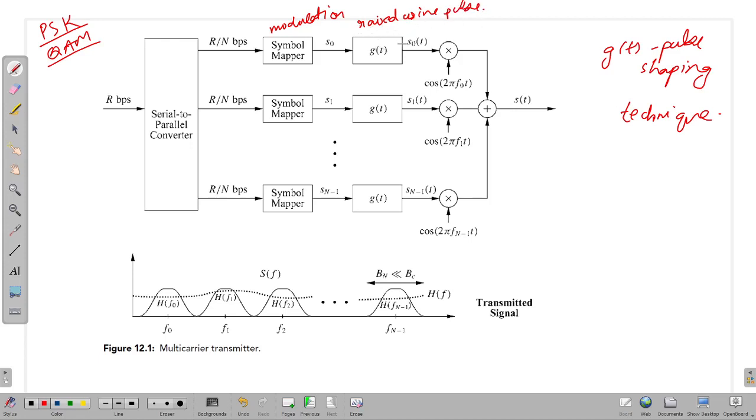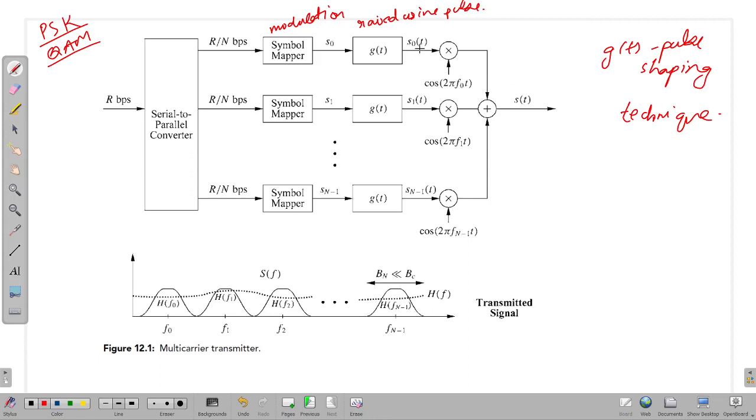Pulse shaping is done in order for you to have a proper transmission through the channel, such that the pulse doesn't suffer any problems that happen due to the sharp edges of transitions in time.